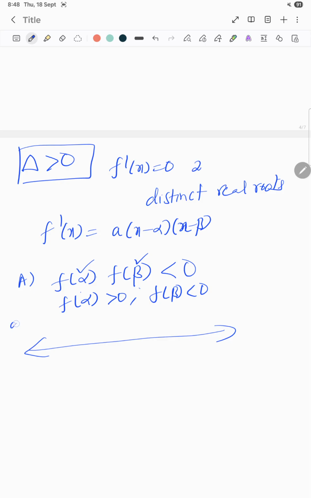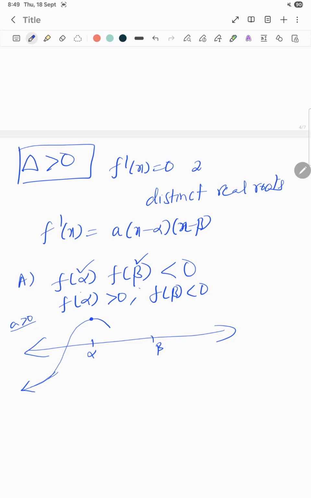As we know, for the a greater than 0 case, the curve starts from the bottom, because f of x approaches negative infinity when x approaches negative infinity. So from here it will go up; if you take alpha here and beta here, f of alpha is positive, so I am bringing it up, and at alpha there should be a turn because f dash of alpha is 0.